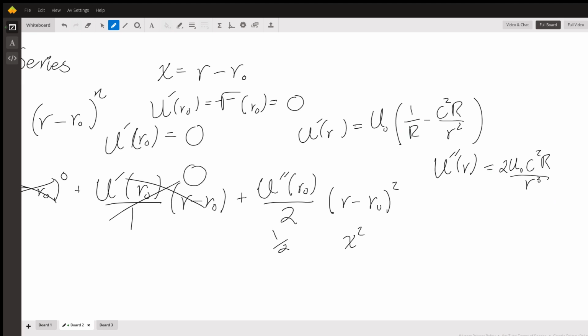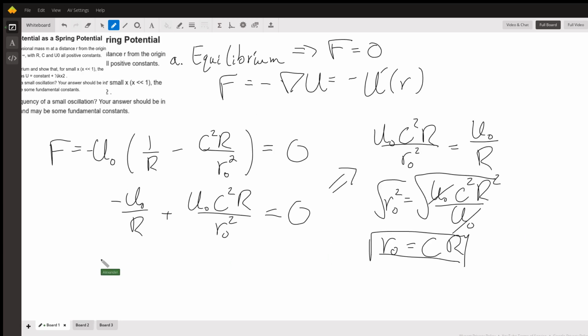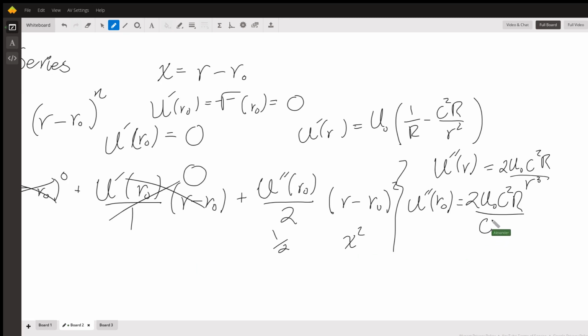We can then plug in specifically r naught. So this is u double prime of r naught, which is just 2 u naught c squared r over, and then r naught was just cr, so over c cubed r cubed.